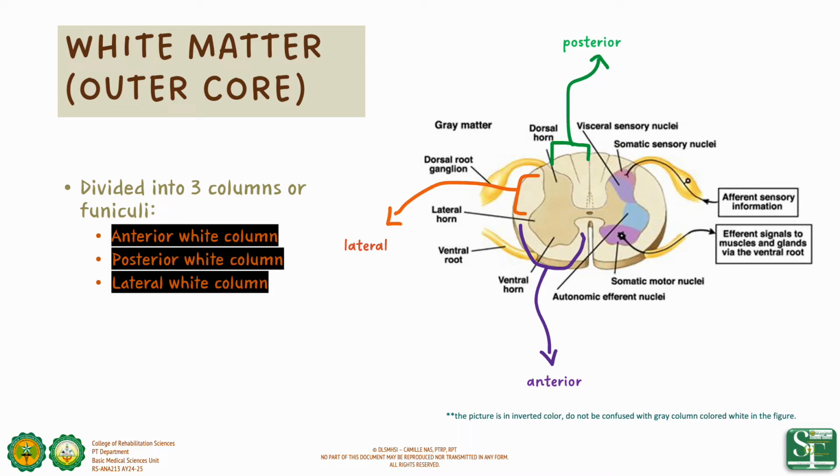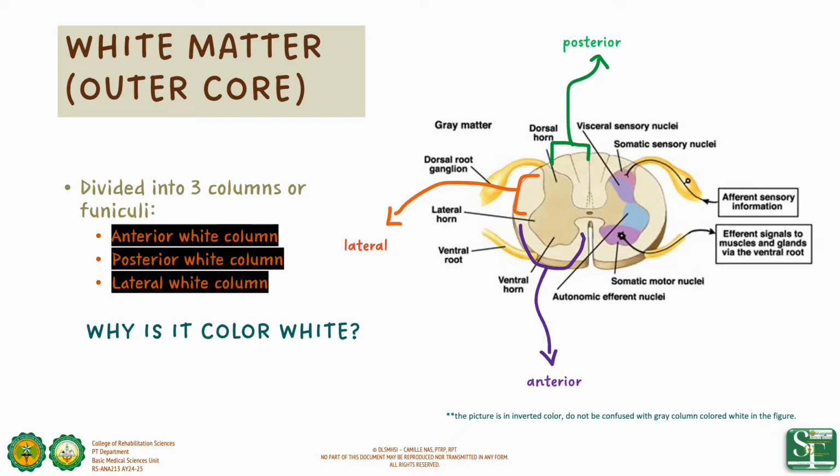Everything in the anterior will have a motor function and everything in the posterior will have sensory functions. Okay, what about the lateral? Lateral, sometimes, is the one for the autonomic nervous system. The preganglionic fibers that I mentioned earlier, that's commonly the function of those structures found in the lateral portions.